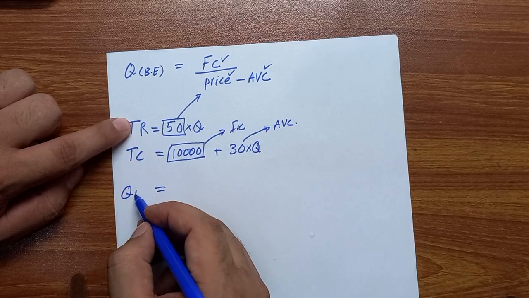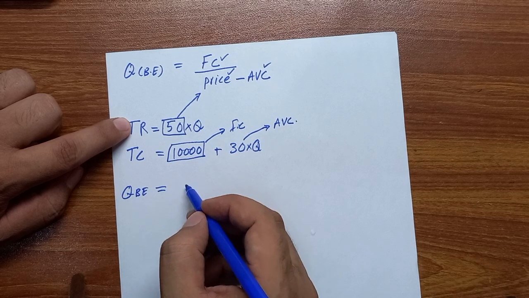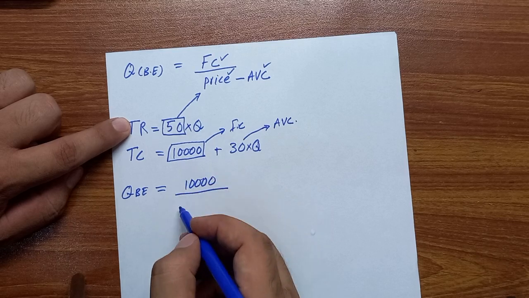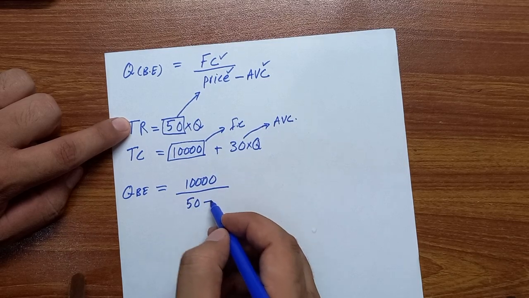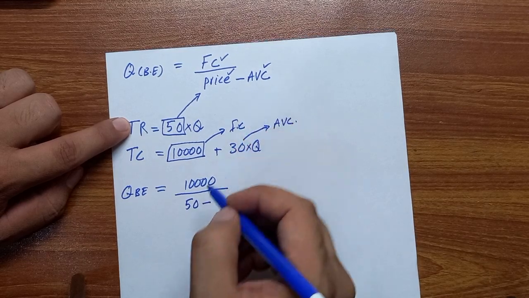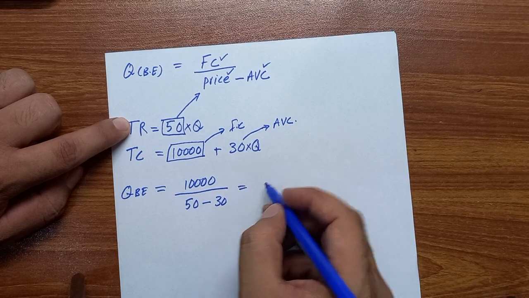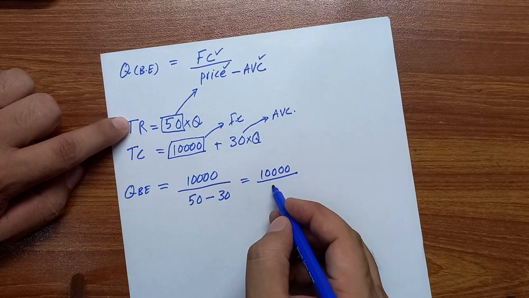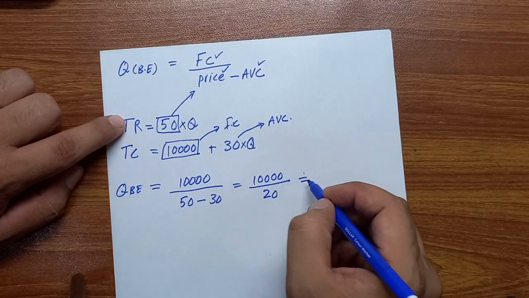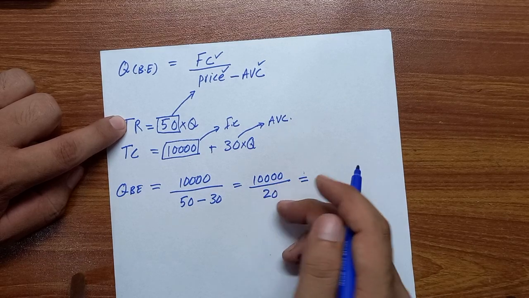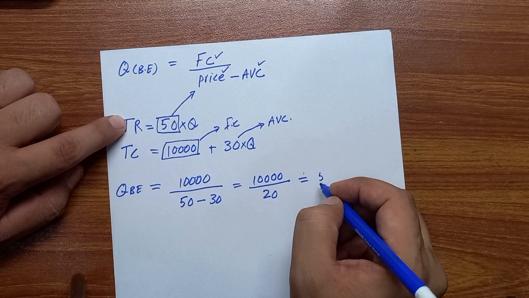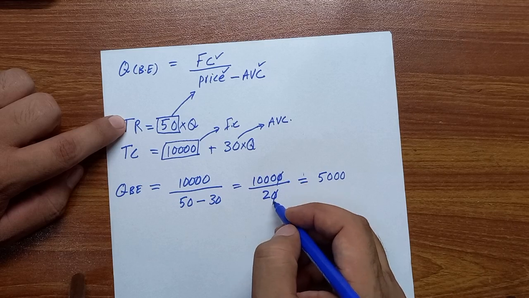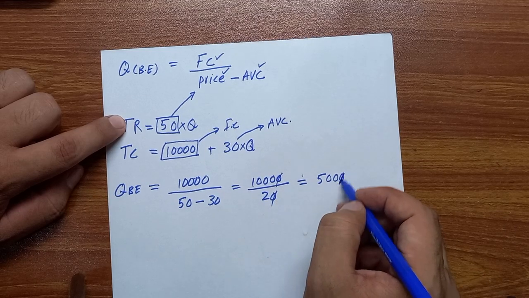So the quantity at break-even point is equal to fixed cost, 10,000, divided by price, 50, minus average variable cost, 30. So 10,000 divided by 50 minus 30, which is 20, and dividing we get 500.